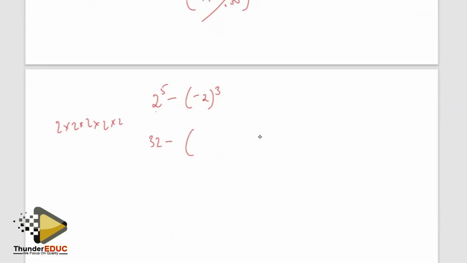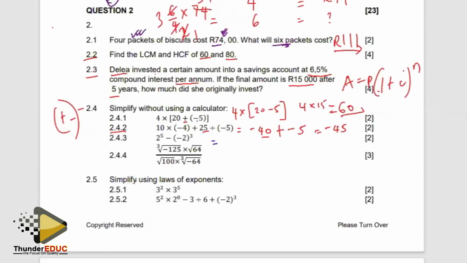We are subtracting negative 2 times negative 2 times negative 2. A negative and negative gives us a positive, positive and negative will give us negative 8. We simplify this, which is 32 minus minus will give us a plus. So our answer should be 40.